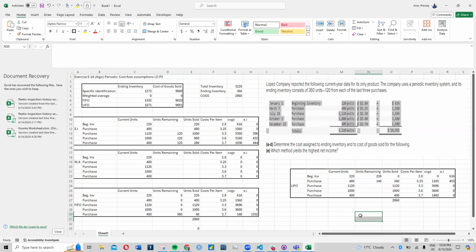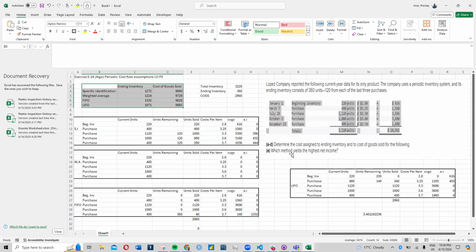And let me also do the same thing for the ending inventory. If I were to just round it, we are good to go: 9,728, 1,224. And this is the answer for the question in chapter 5, question 6.